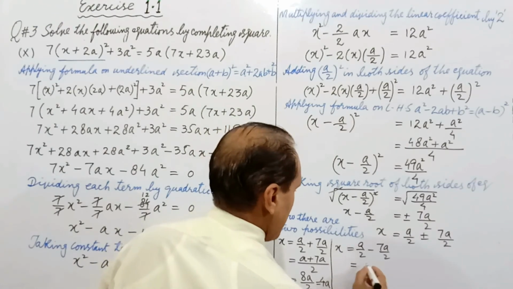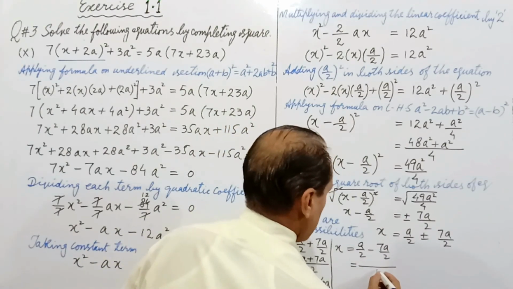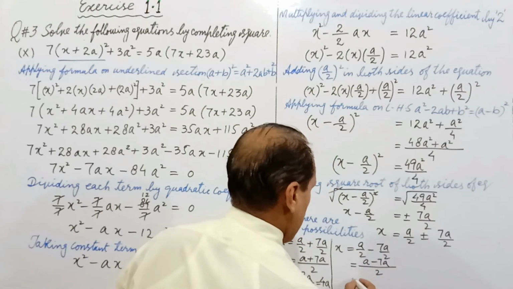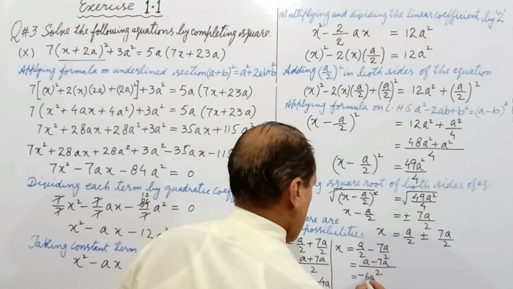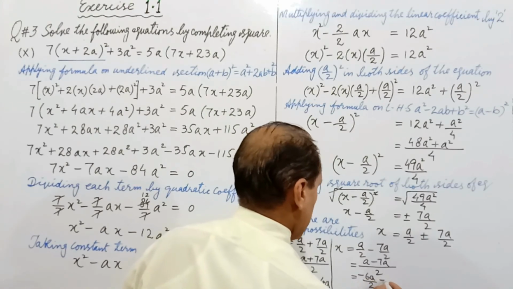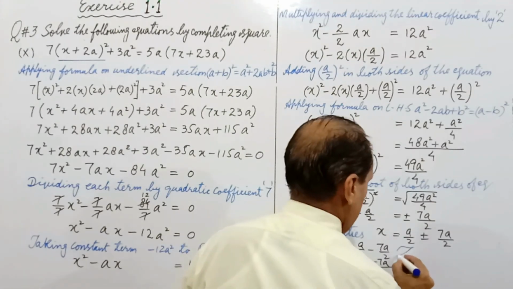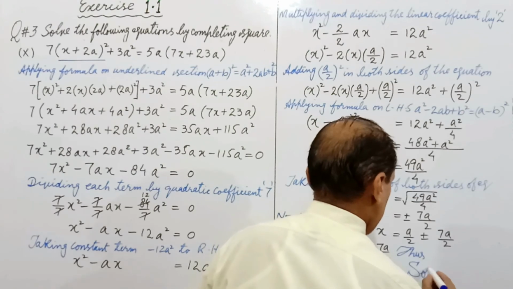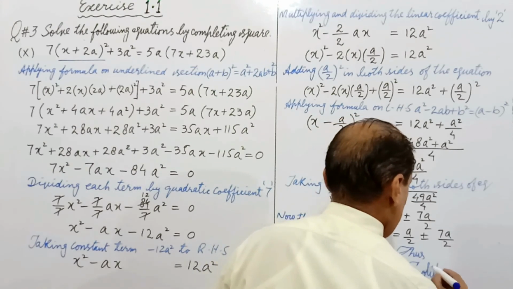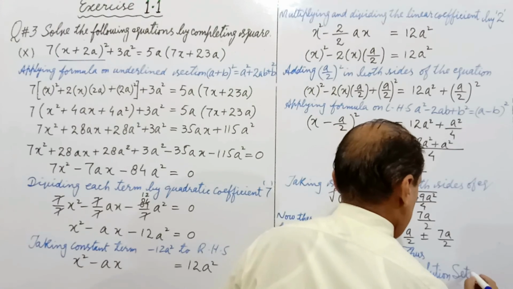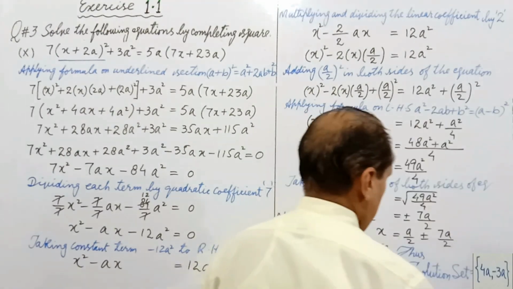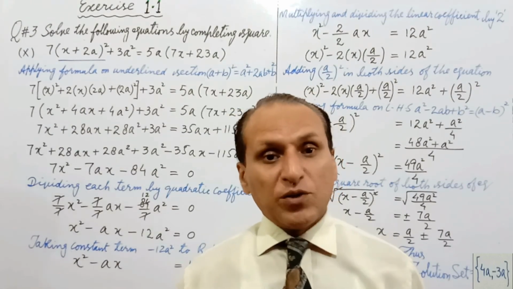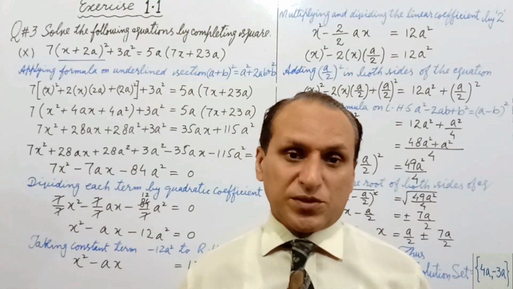Whereas with the same denominator, we use the standard procedure of LCM. We write the numerator as they are, 1 minus 7, minus 6a over 2, that is equal to minus 3a. Thus, the solution set is 4a and minus 3a. That's it for part 10. I hope you find it very easy when you practice these sums. Thank you.